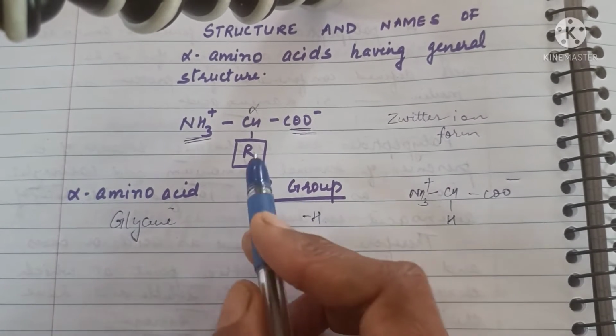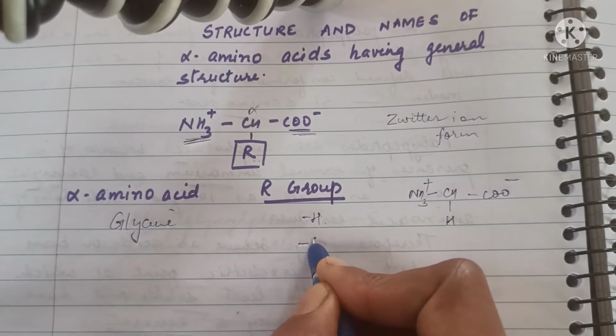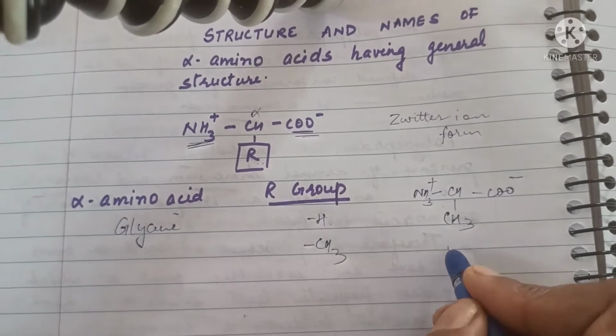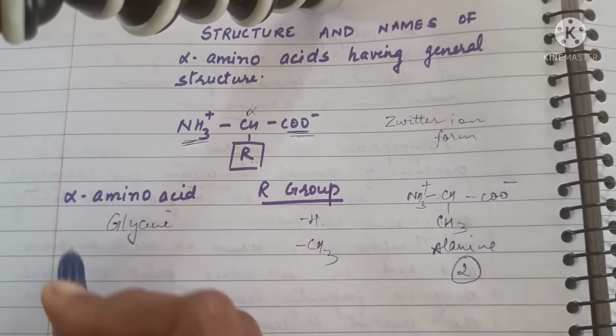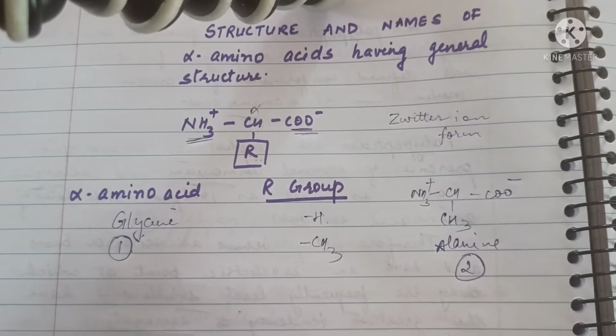Then if in place of H we attach the group CH3, the compound will become alanine. So this is amino acid number 2. First amino acid glycine, second is alanine.